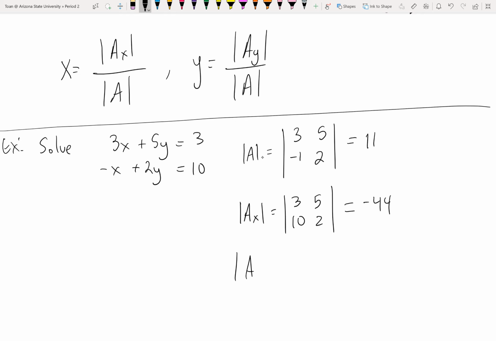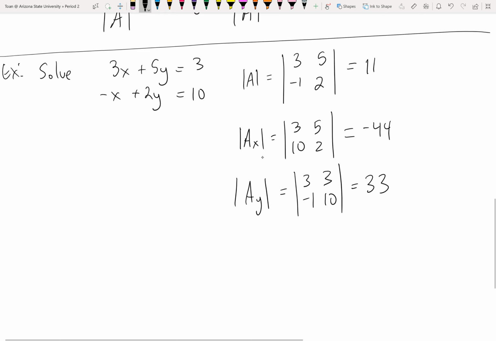And let's do the A sub y matrix. So again, taking these numbers and substituting them into the y column. So the 3, negative 1 stays the same, but the 3, 10 goes into the y column. Let's see if we can do this mentally. 30 minus a negative 3, which is a 33.